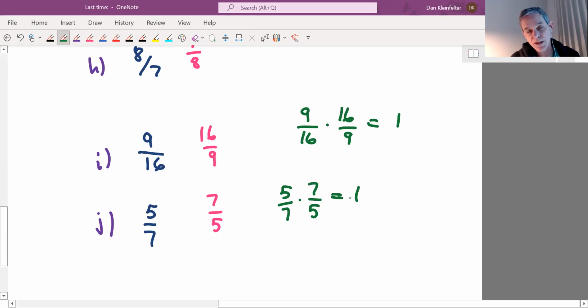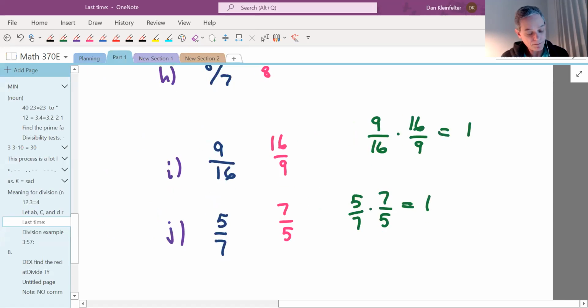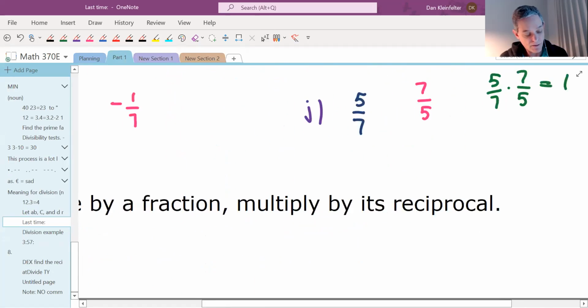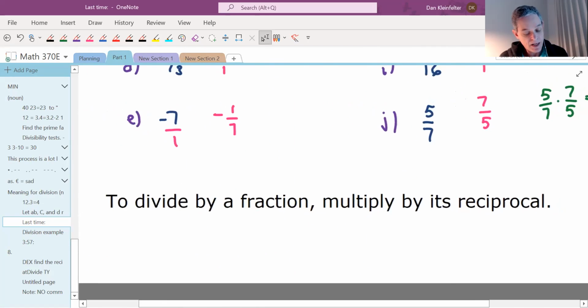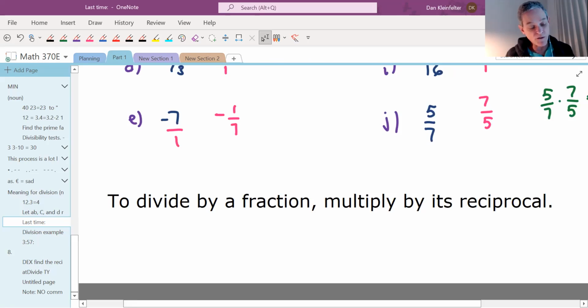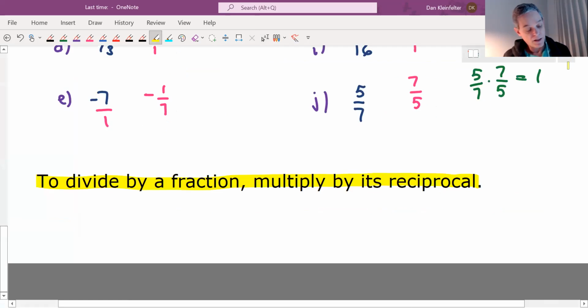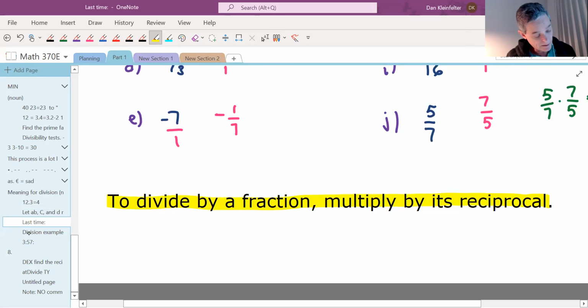Whenever you have two numbers that are reciprocals, their product is going to equal 1. Okay, so now that we know about the word reciprocal, the directions: to divide by a fraction, you multiply by its reciprocal. So let's see some examples.